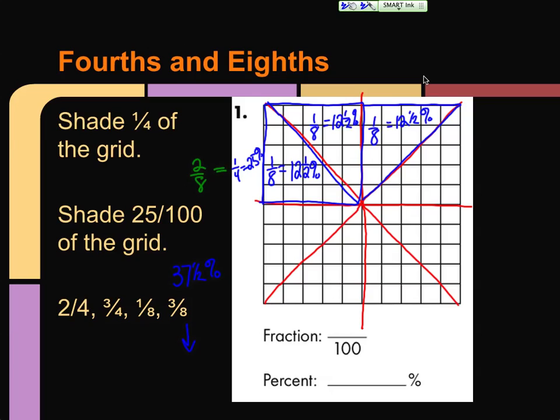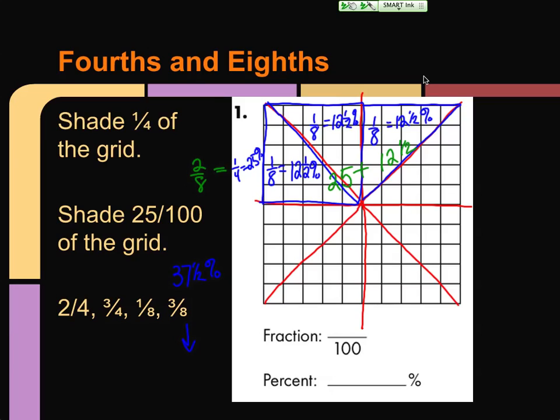If I add 12 and a half more squares to this, what I'm saying is, let's add 25 plus 12 and a half. And if I add 25 and 12, that's 37. Plus half is 37 and a half, right?